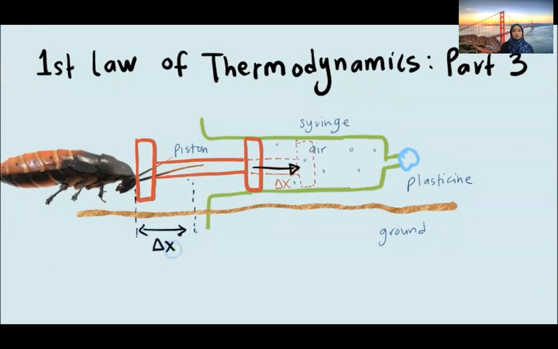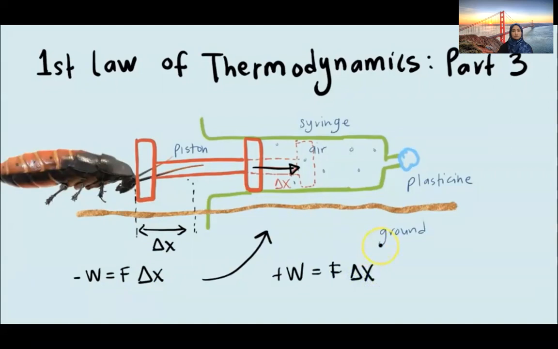So Abu is doing work, force times distance x, and Abu is losing this energy. So Abu is losing, this is a negative sign, which means that this piston is gaining positive energy by F delta x.